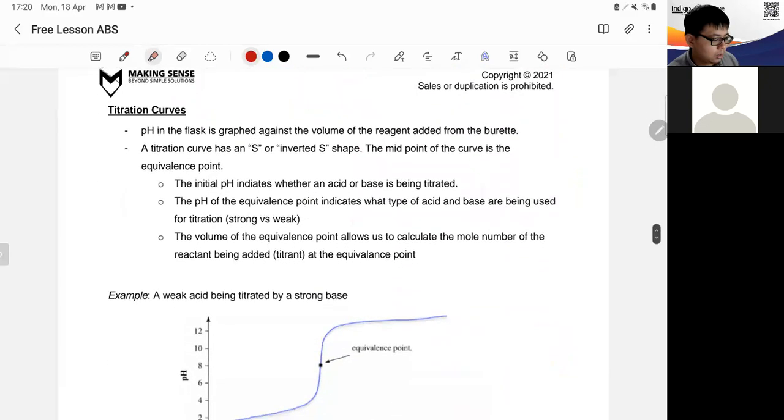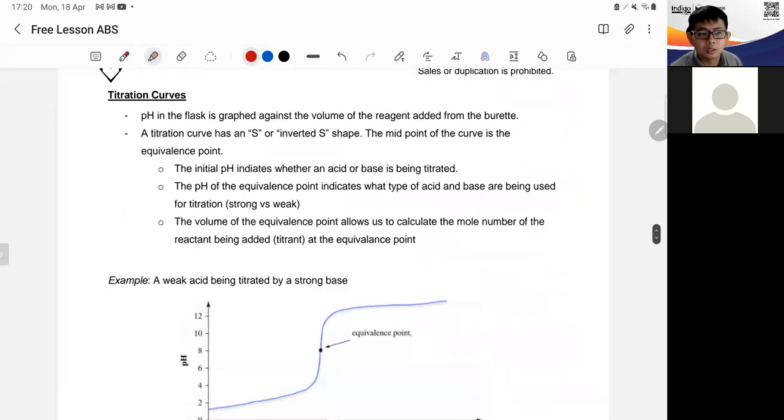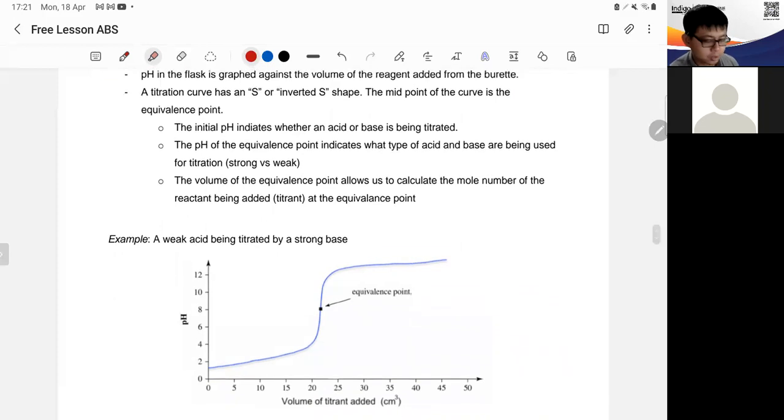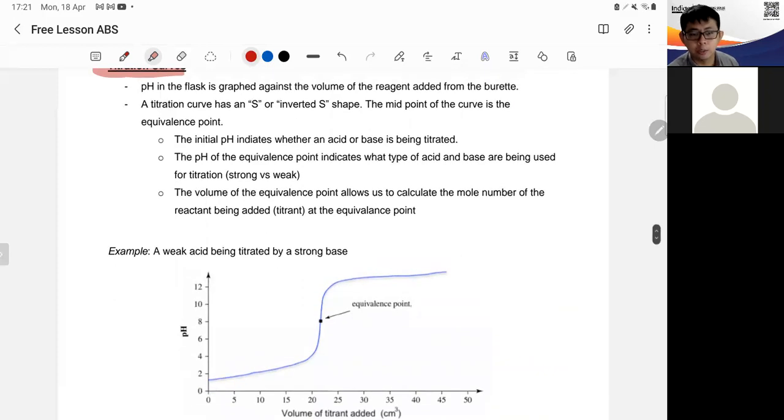Titration, of course: how do I interpret the data, how do I collect the data? So this is called a titration curve. If I plot certain axes, I can get more information out of the titration reaction. All titration curves should follow this S shape that you see on screen, an inverted S. The midpoint is called the equivalence point.